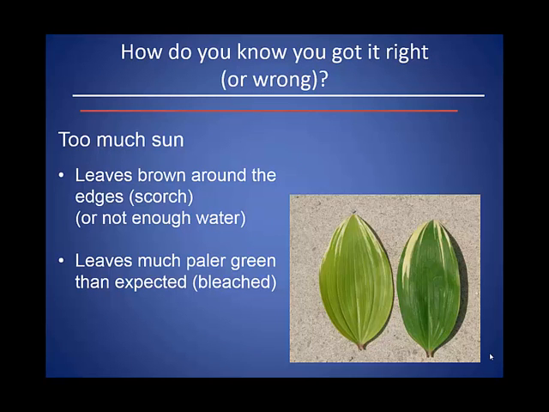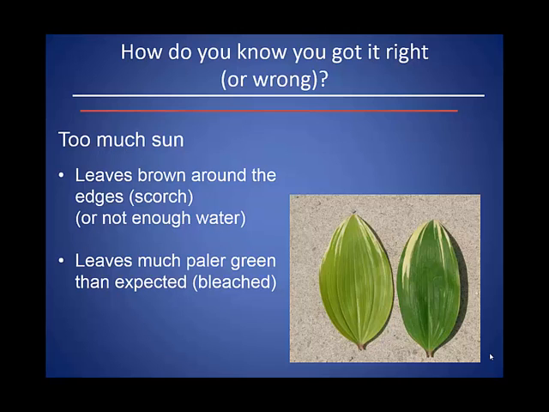Too much sun, you'll also get bleaching, as you can see on the hosta. We've all probably seen burned up hosta leaves that actually look much worse than this one. Too much sun could also cause scorch, where you actually have dead leaf tissue around the edges.